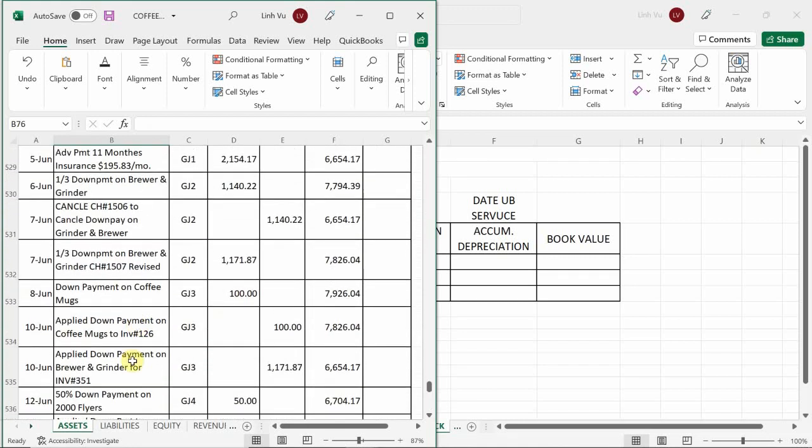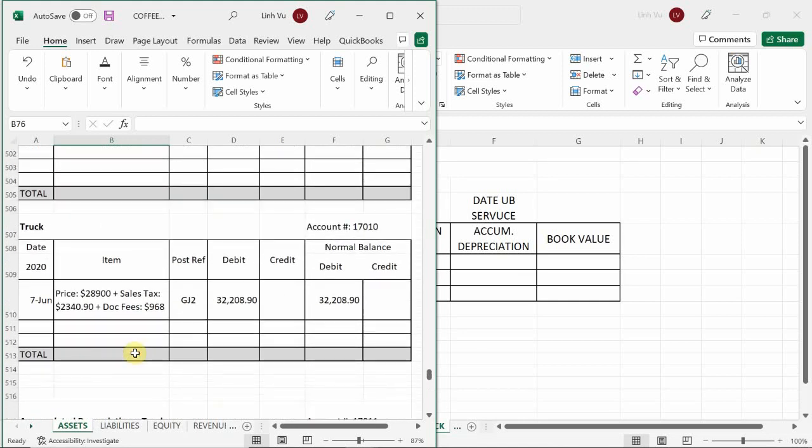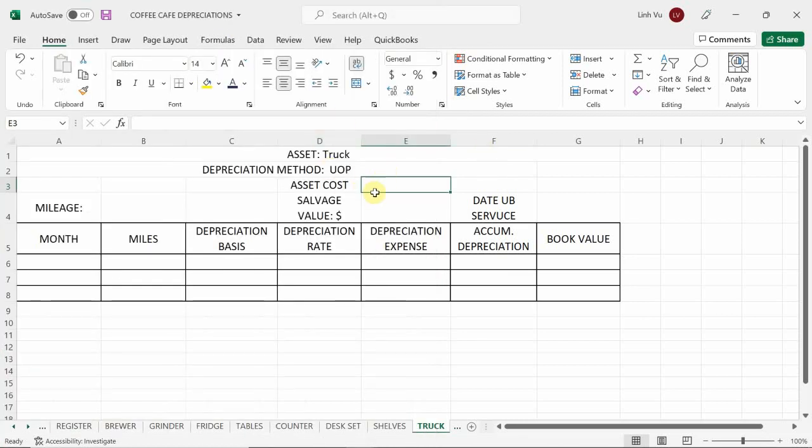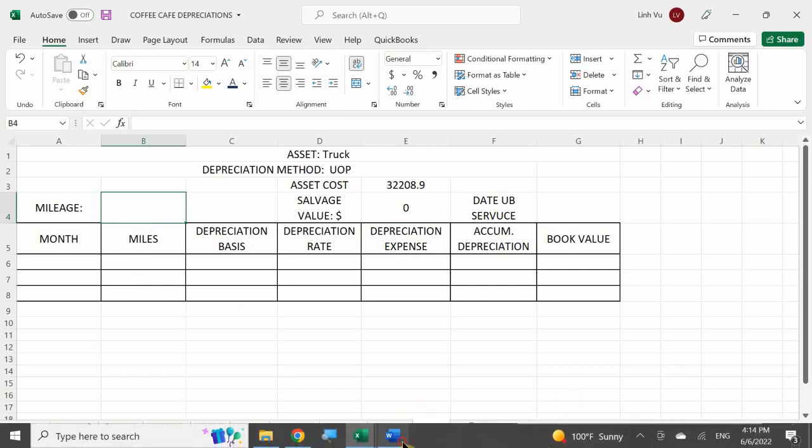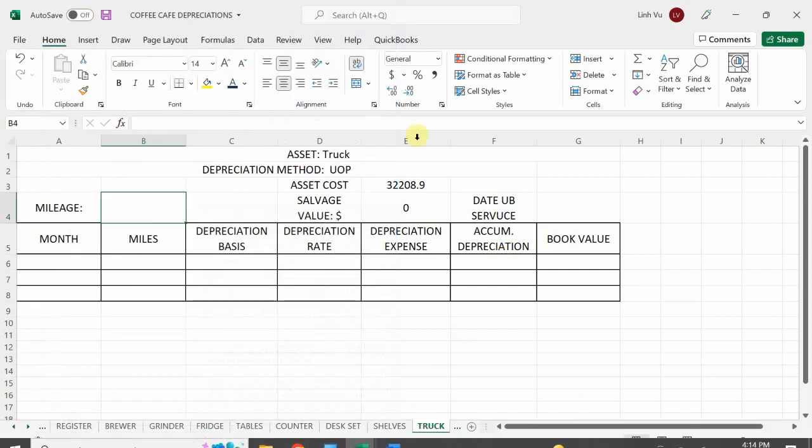So in this case, let's see. My truck right now is currently at a total of $32,208.90. And of course, its salvage value. We already read that there isn't any salvage value. How many miles can it drive? It says here that it could drive up to 150,000 miles.